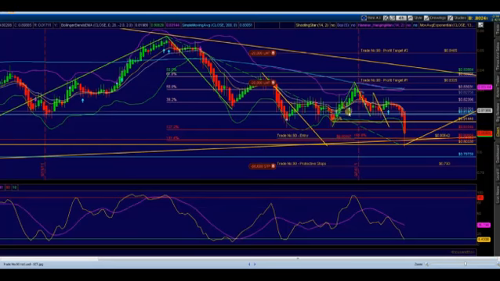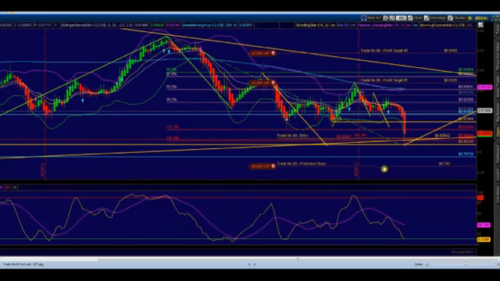Really, why I like this trade was the fact that I waited a little bit for this secondary pattern to complete. Let's call it this pattern within the larger pattern, if you will.